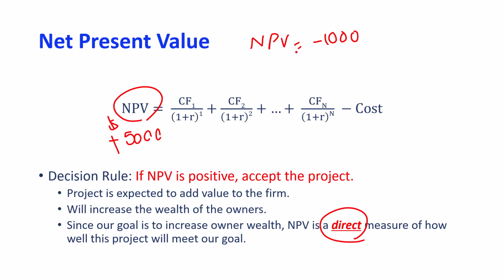In other words, if you invest in this project today, you're going to decrease the value of the firm by $1,000 immediately. You're going to destroy value for the shareholders. So that's why the decision criterion for NPV is you accept if NPV is greater than 0, or positive.